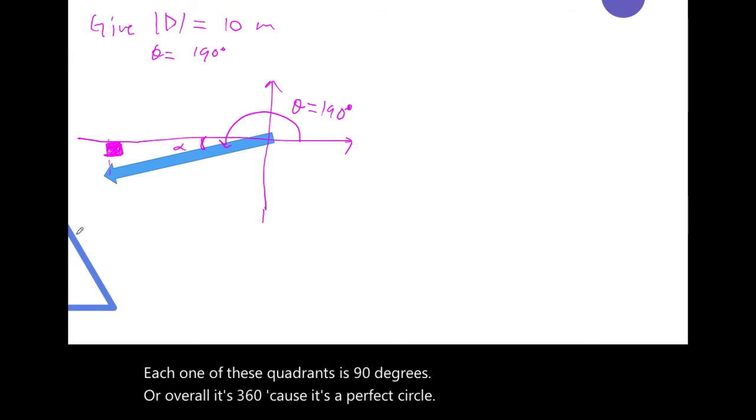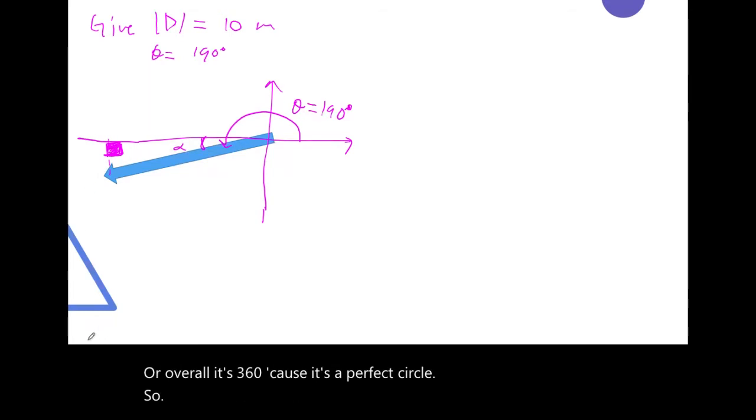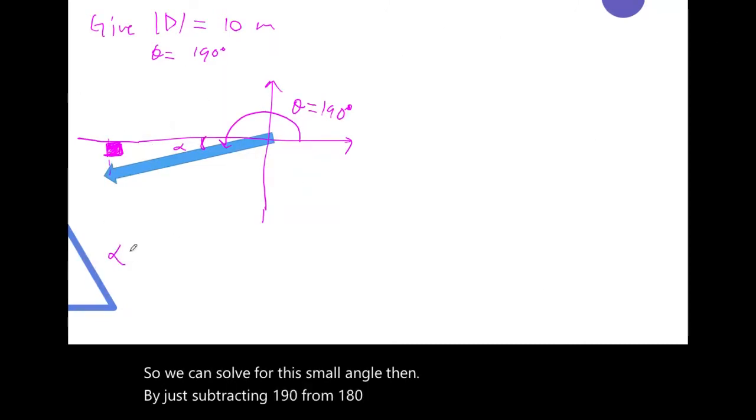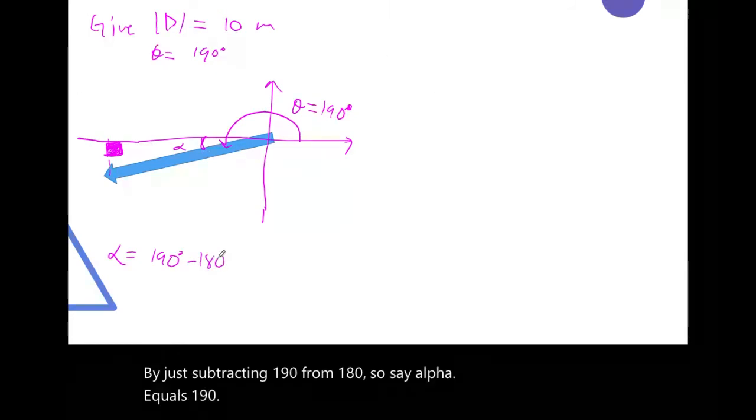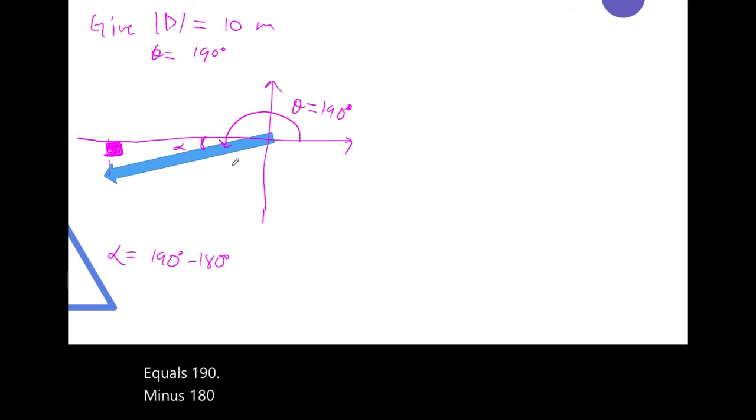So we can solve for this small angle by just subtracting 180 from 190. So alpha equals 190 minus 180. You kind of see how I got that? Because half of this circle up here is 180, and that little extra piece has to be subtracted from the 190. So alpha then is 10 degrees.